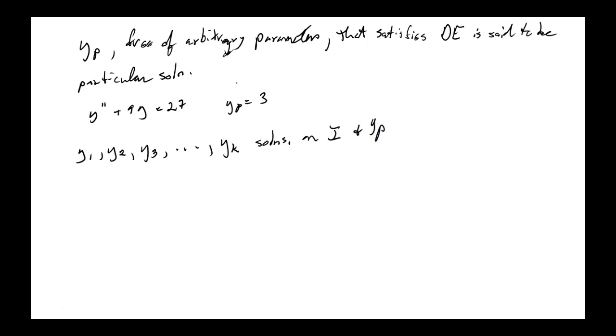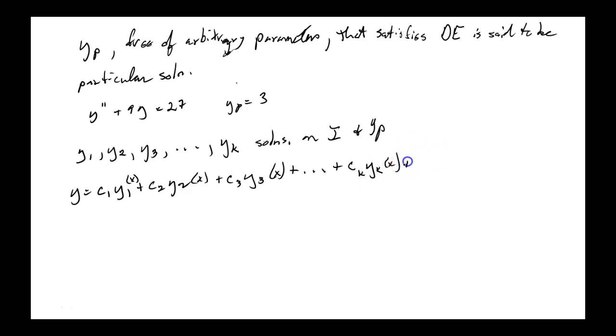Then the linear combination y is equal to c1 y1 of x plus c2 y2 of x plus c3 y sub 3 of x, plus all the way up to and including c sub k y sub k of x, plus you also have to include y sub p.